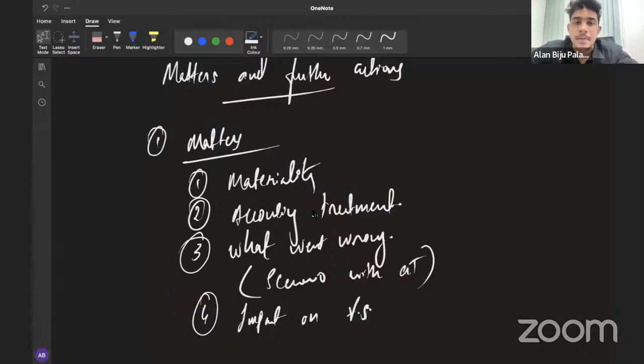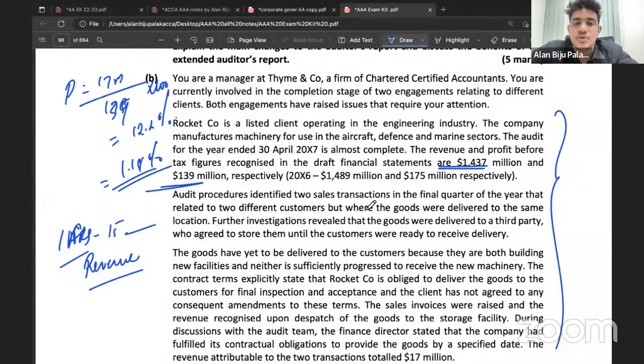However, the company has two unsatisfied performance obligations in relation to two different customers, whereby the company has agreed that it will deliver the product to the customer's warehouse and the contract will be treated as completed only when the goods are finally inspected by the customers.